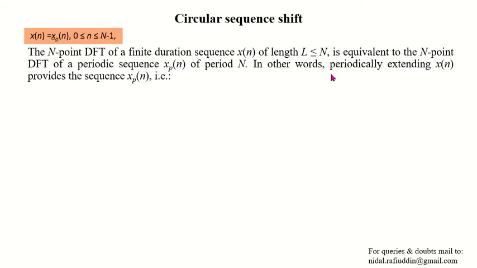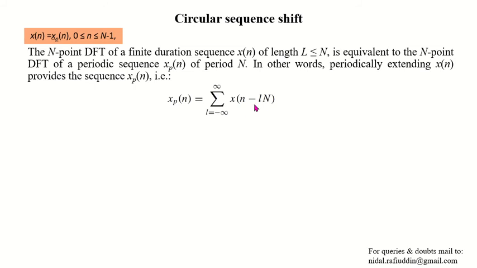In other words, periodically extending x(n) provides a sequence xp(n). That is, xp(n) can be expressed in terms of x(n) by this relation, where we have x(n minus lN), summation where l varies from minus infinity to plus infinity. So what we did here is obtain the periodic signal xp(n) from a signal x(n) by making it periodic from this expression. In this expression we have this term capital N, which is the number of points present in the sequence x.